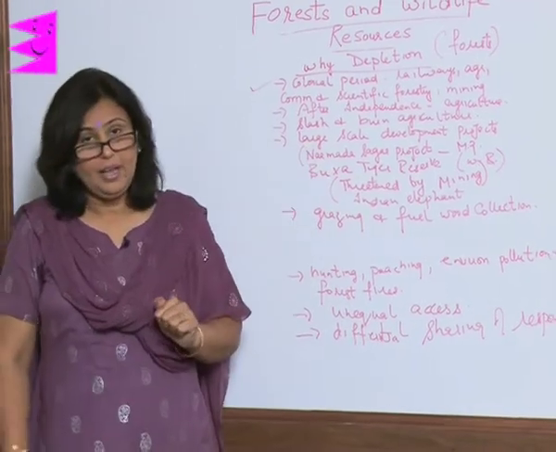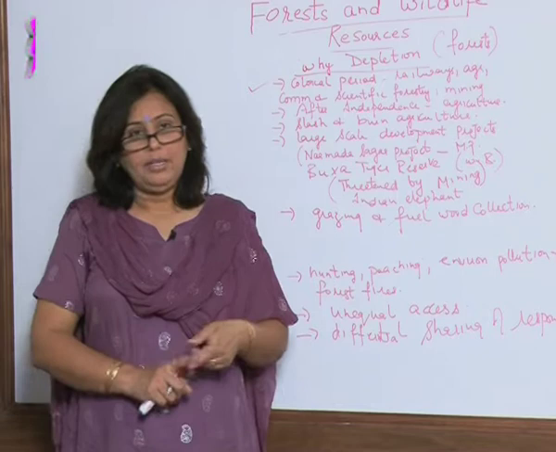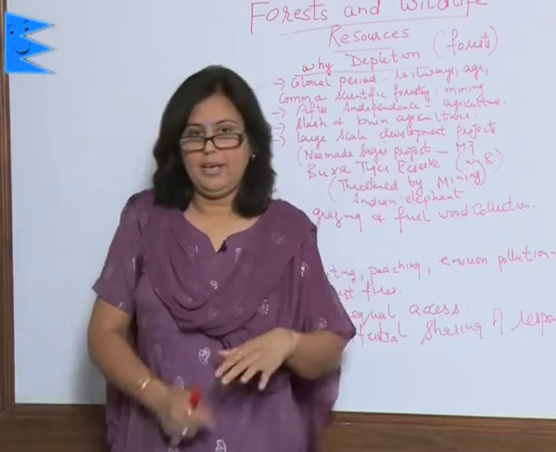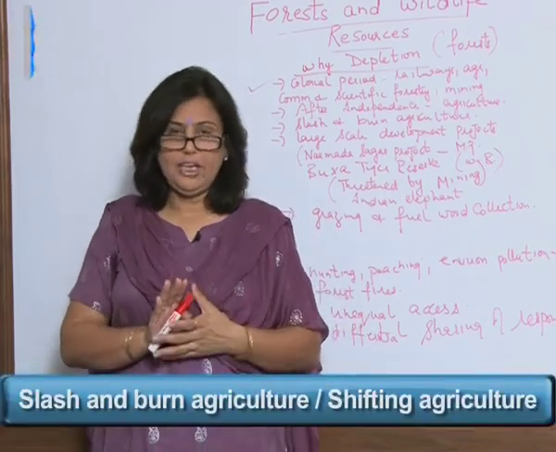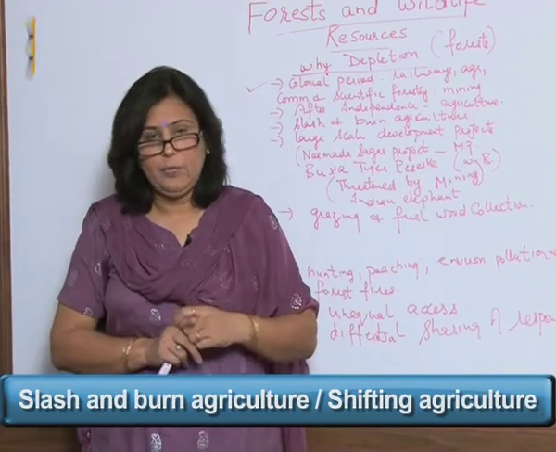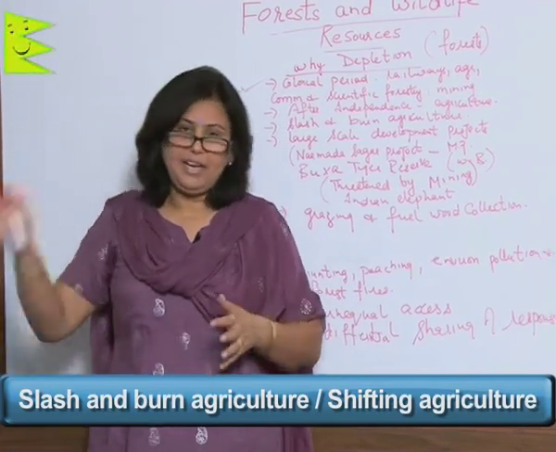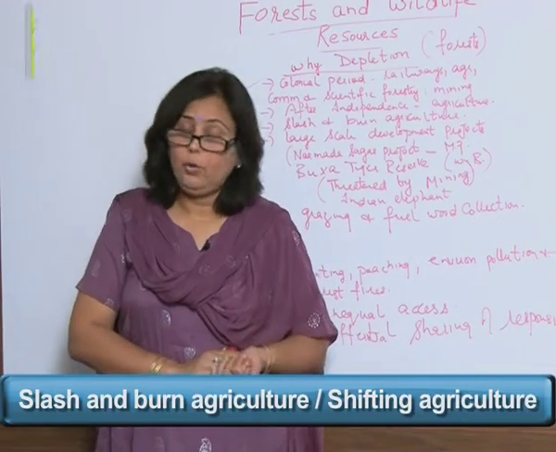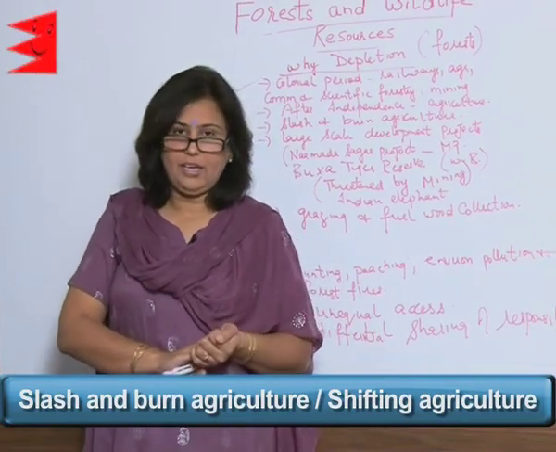Then in India, I have already spoken about the slash and burn agriculture. You remember the slash and burn agriculture? That is that kind of agriculture which is also called the shifting agriculture, and I have told you the names also of the shifting agriculture.